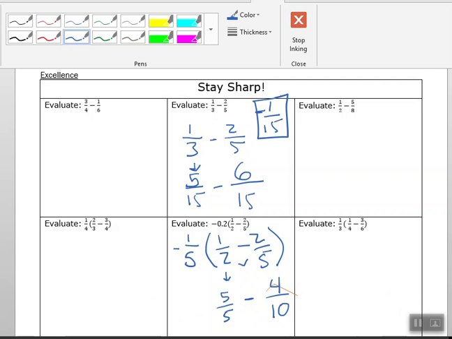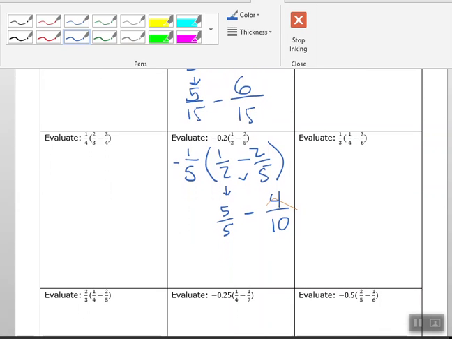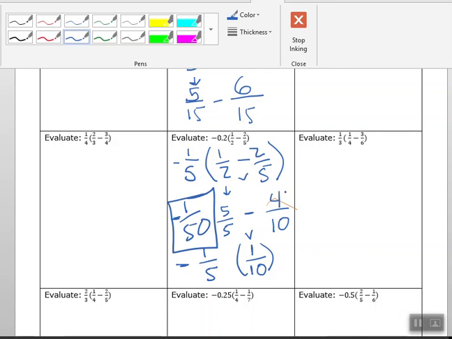Let me move down here a little bit. 1 over 10. So now I'm going to do negative 1/5 times 1/10, and I'm going to end up with negative 1 over 50. And I ran out of room a little bit, so that's why my answer's up here. So I have negative 1 over 50.